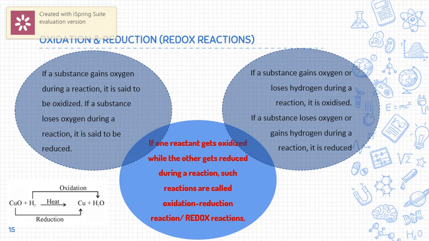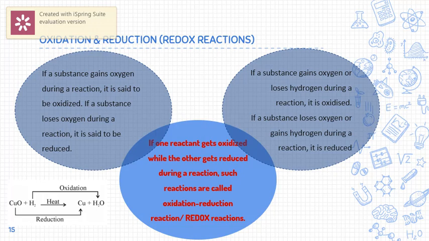What about copper oxide? Copper oxide is losing oxygen. You see this side. If a substance gains oxygen or loses hydrogen, the second part of oxidation, during a reaction, it is oxidized. And if a substance loses oxygen or gains hydrogen during a reaction, it is reduced. In the case of copper oxide, it is the loss of oxygen.